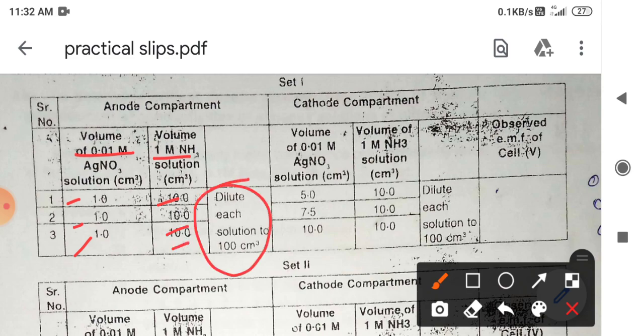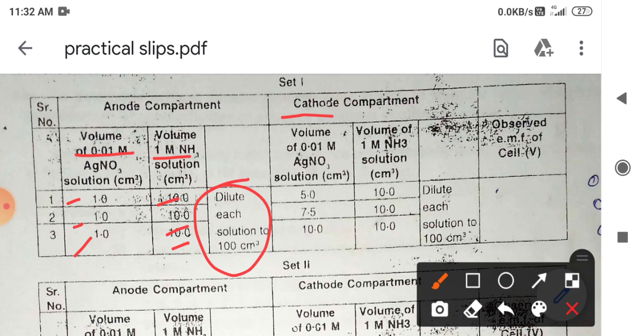Out of that we take some solution in the amber color beaker and place it as the anodic compartment connected to the positive terminal. Next is the cathode compartment.